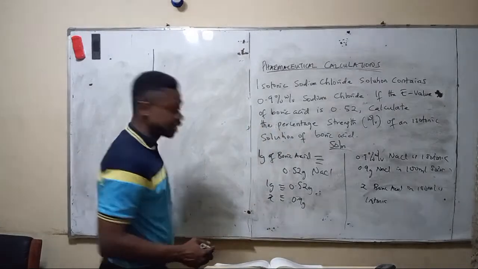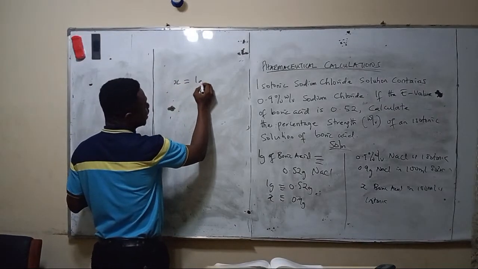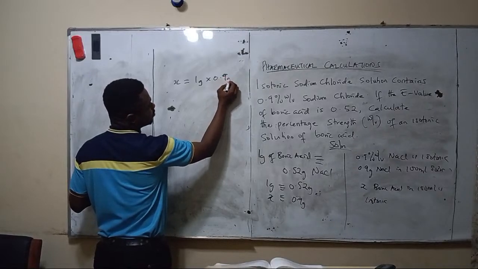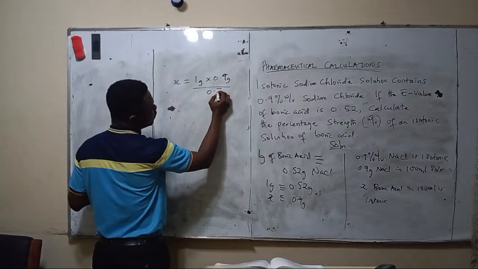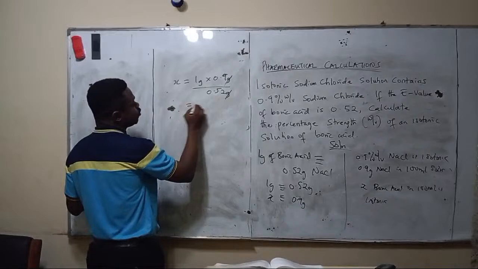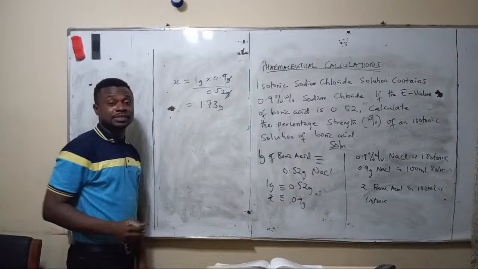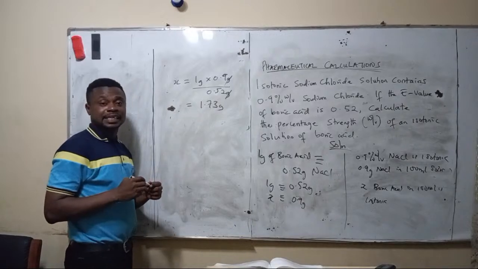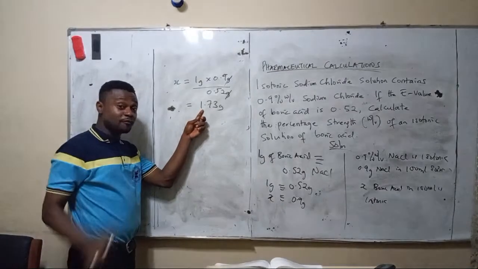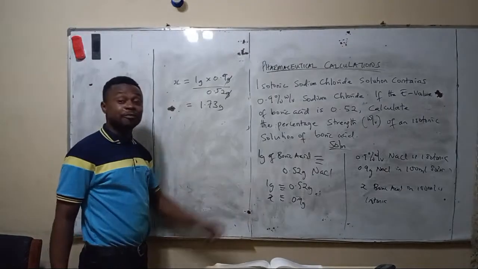So we find this X. If we cross multiply, this X will give us 1 gram times 0.9 gram all over 0.52 gram. 1 gram cancels 1 gram. If we cancel out, we get 1.73 gram. So X is 1.73 gram. So this 1.73 gram of boric acid has the same tonic effect as 1 gram of what?